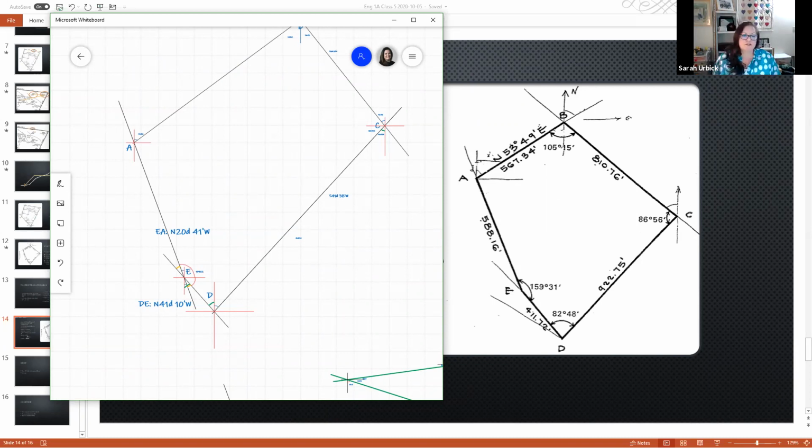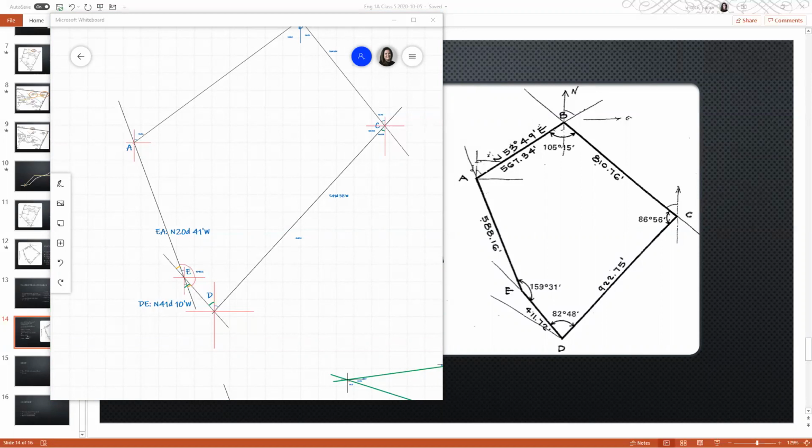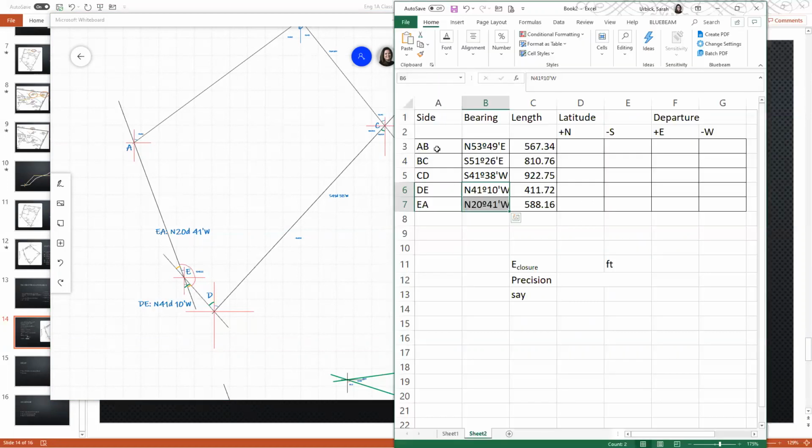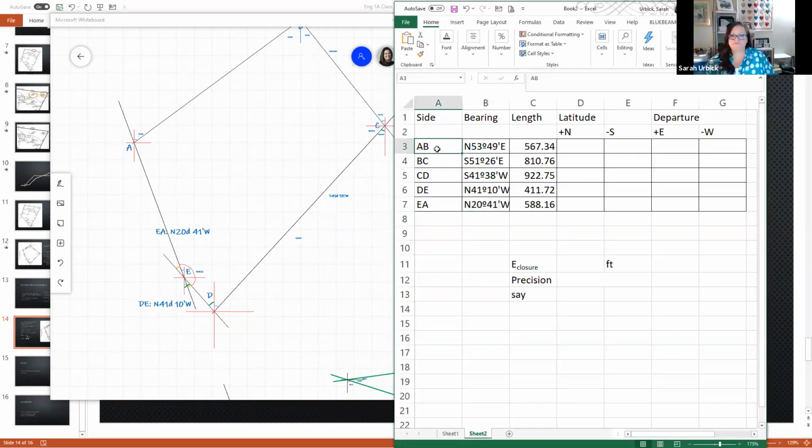So any questions so far? Could I see that table real quick that you were using to put in all the data? The one I was just tweaking? Yeah, this one.